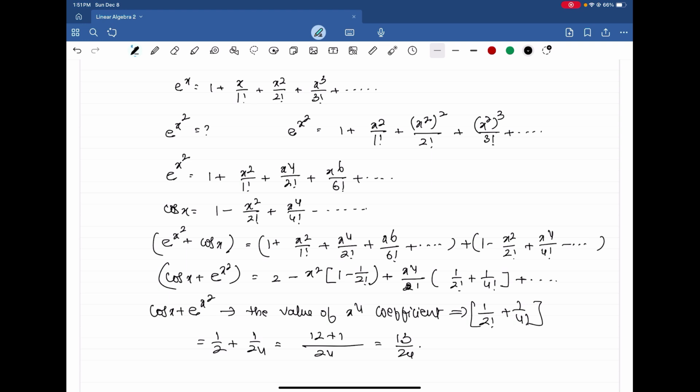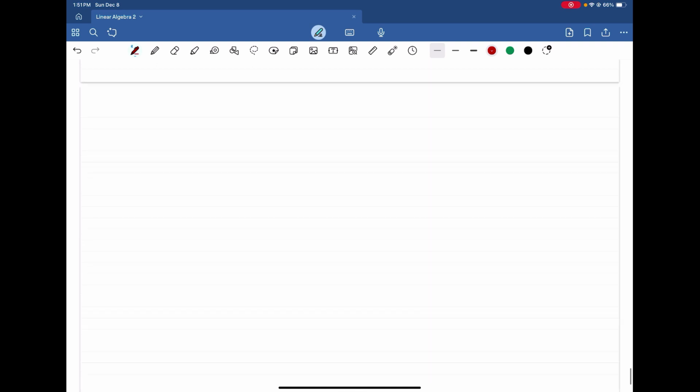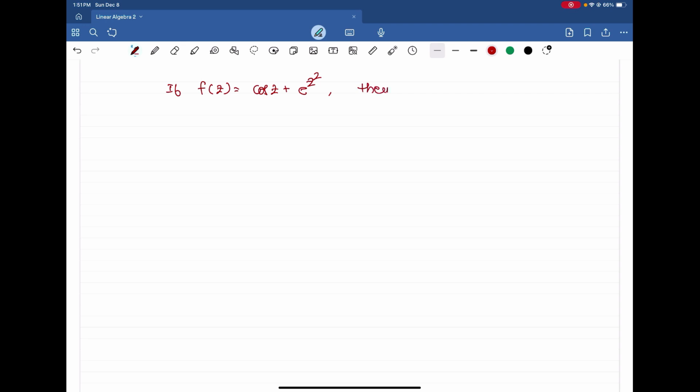Now, I will give you one homework question. It's from GATE 2024. The question is: if the function f(z) is equal to cos z plus e to the power of z square, then find the coefficient of z to the power of 5 in the above function if expanded through Taylor series.